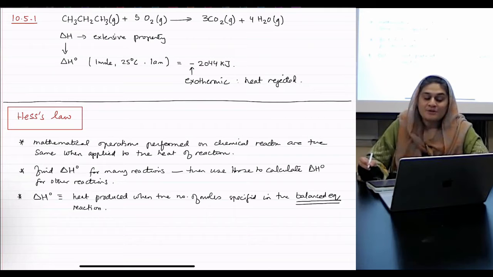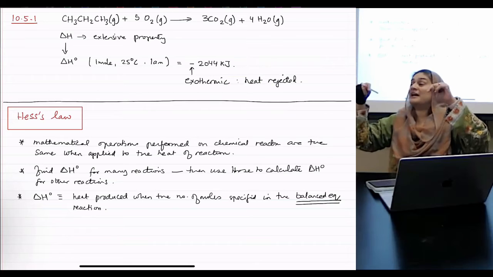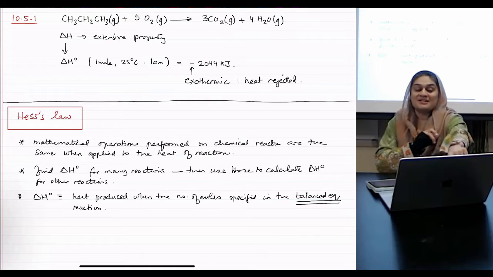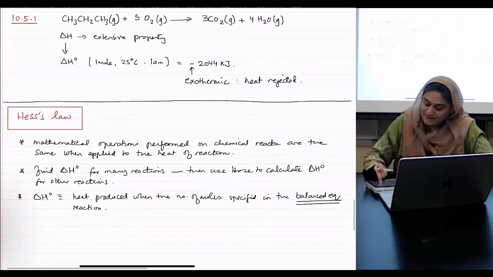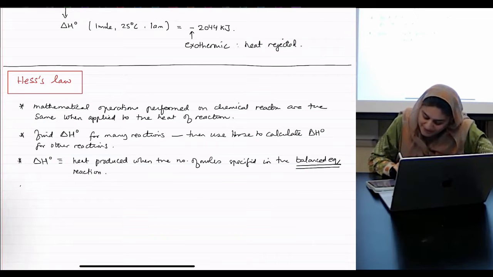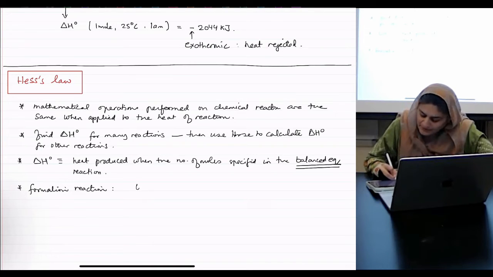Okay. The last thing I want to do today, before we stop, is just this formation reaction. Can I talk about what is a formation reaction? O2 goes to O2.